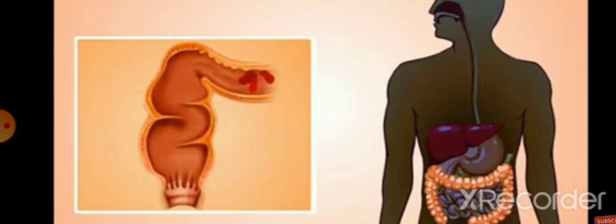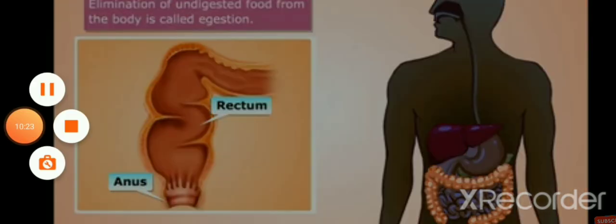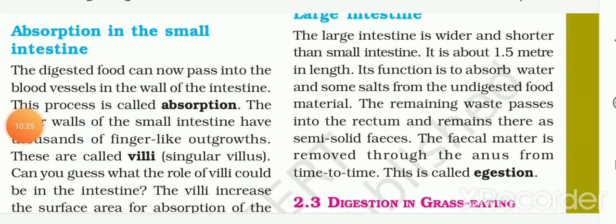And this ends at the anus, and the waste material is thrown out from the body, and that process is known as egestion. So till now we have seen the different steps or compartments of the alimentary canal and what the functions of these different compartments are.